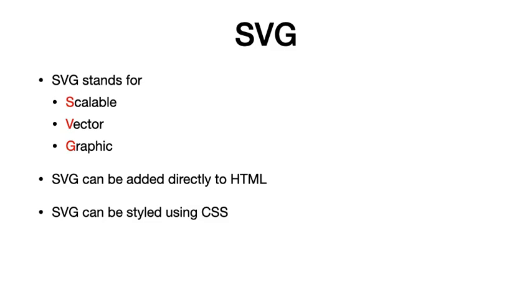So HTML5, which we have learned in this class, understands SVG. And most browsers can show you such pictures right away. Another advantage of SVG is that it can be styled using CSS. So we can make it look nice using the CSS method that we learned.